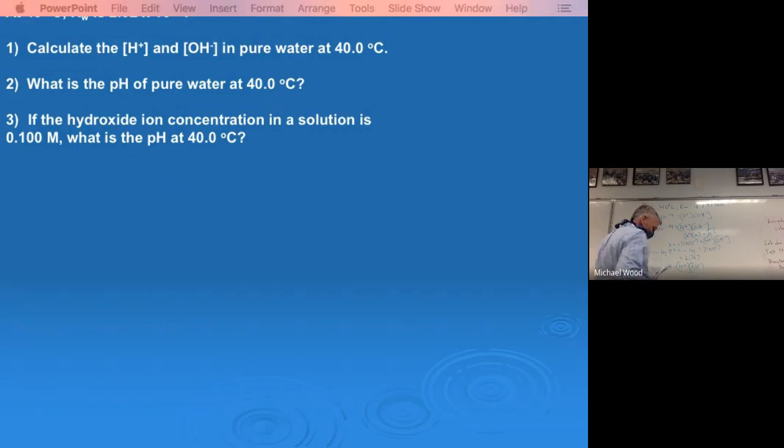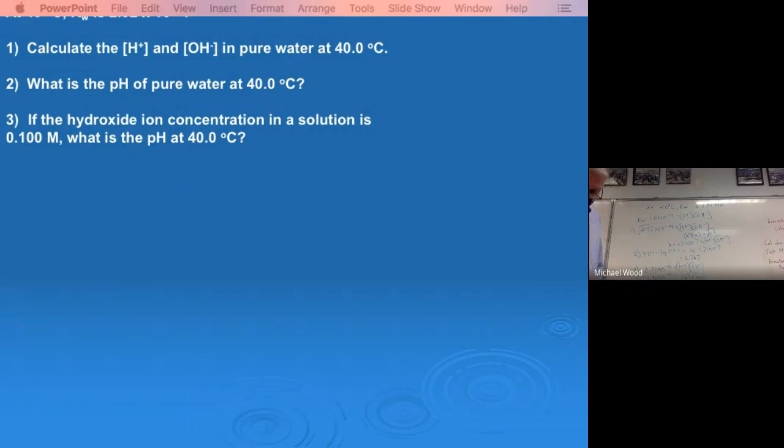So I'm going to plug that in here. 0.100. So this is X. And if I can solve for X, I will solve for H plus, and then I can find the pH. So if I solve for X, what I get for X is 2.92 times 10 to the negative 13, and then I'll do the negative log of that.